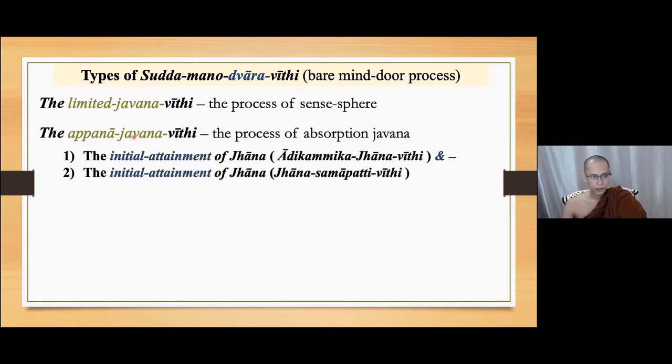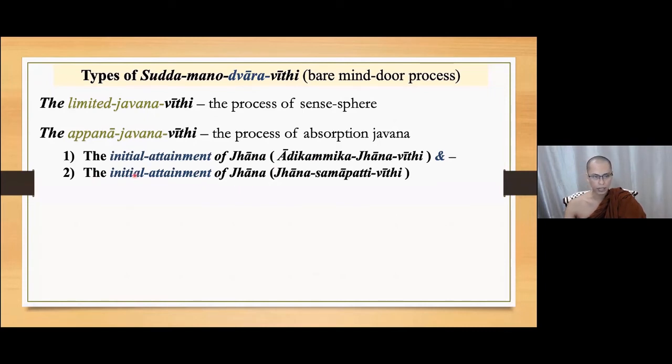Then for the appana javana, there is also the initial attainment of jhana. If a meditator attains jhana for the very first time, that is called the adikammika jhana viti. The attainment process becomes a different form, with a different mind movement. Sorry, the second one is not initial.